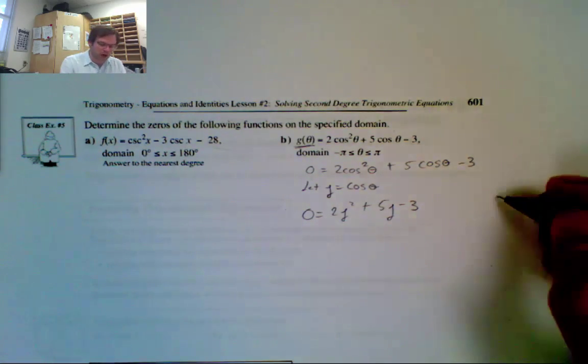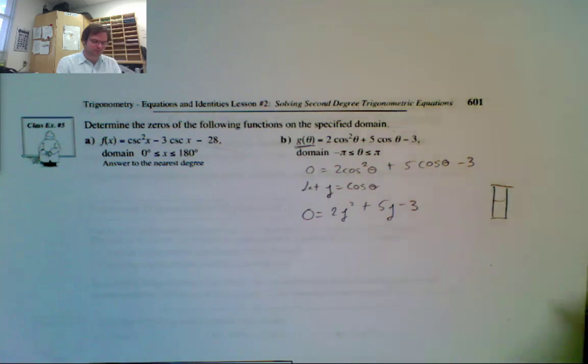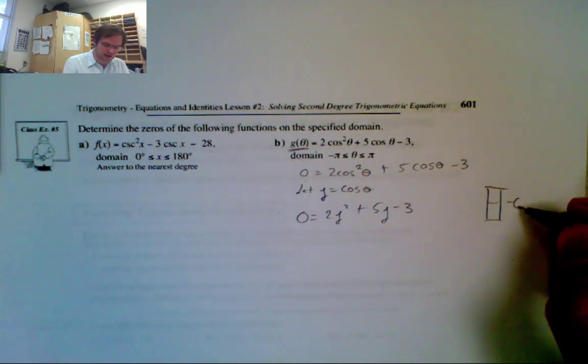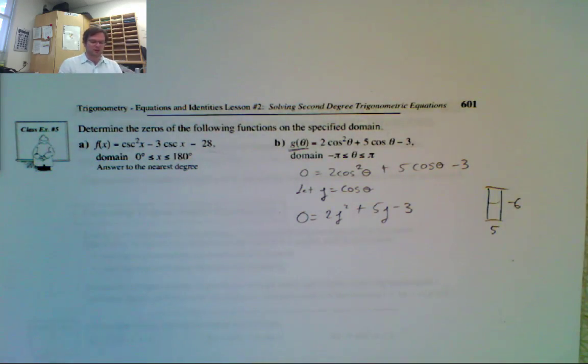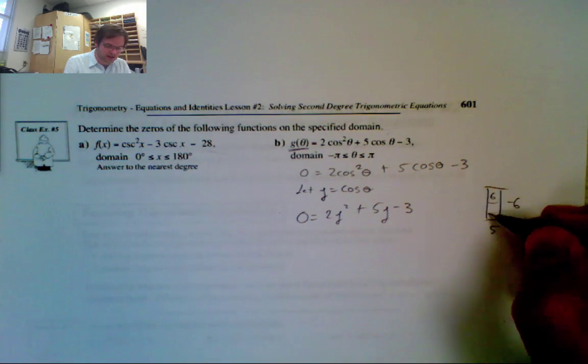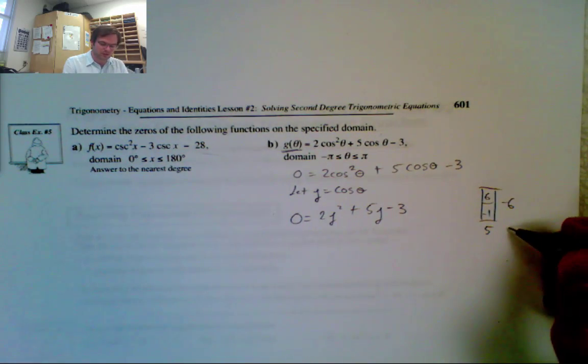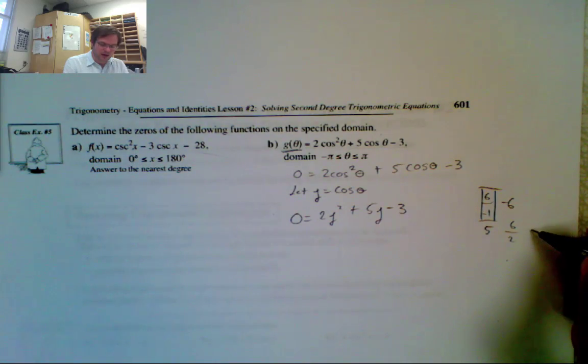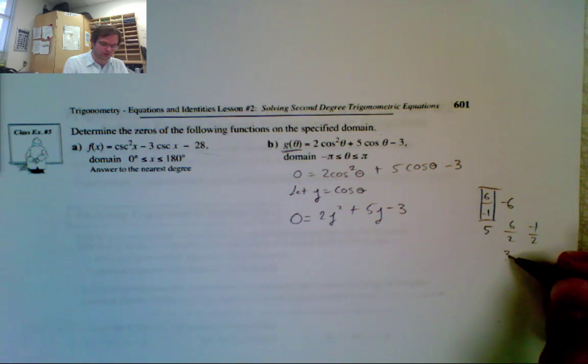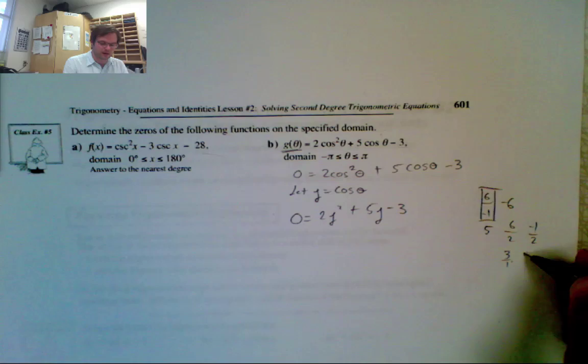Now I'm going to do a little box method on the side here, and we're going to get negative 6 and 5. So I look at that, I'm going to have 6 and negative 1. So that's 6 over 2 and negative 1 over 2. So that's 3 over 1 and negative 1 over 2.